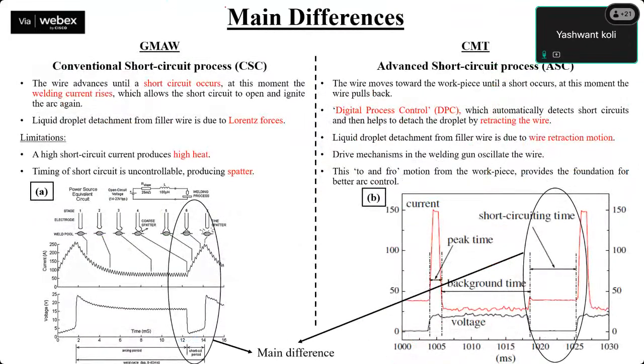And you can see the main differences. The main difference between GMAW and CMT is that GMAW is conventional short circuiting transfer, and this is advanced short circuiting transfer. You can see in the waveforms, this is the waveform for GMAW and this is the waveform of CMT. At the time of short circuiting, this is V voltage and this is current.